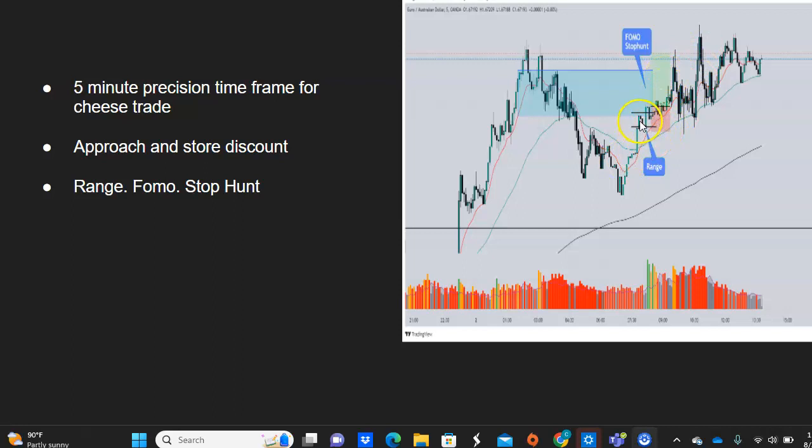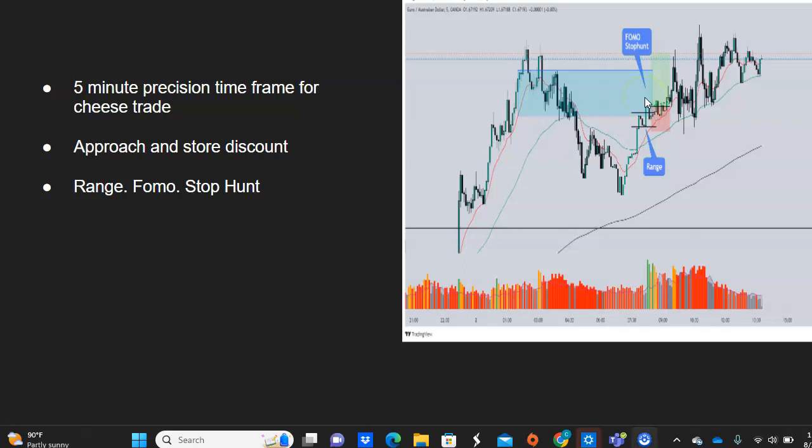This is the trade, where here we have the range, and you could barely see it, but on the chart you can clearly see this is somewhat of a range. And here we have a spike, which is the FOMO, and that is people chasing the break of this range.